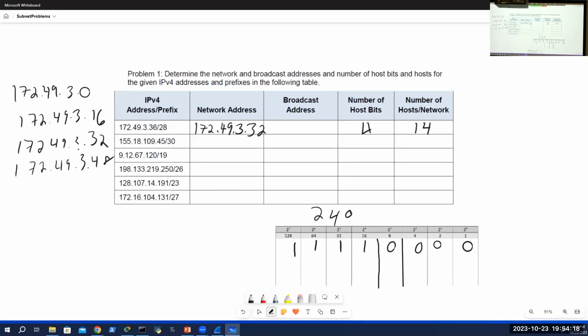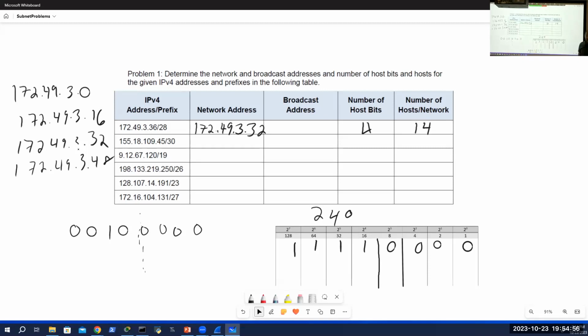So if the network ID in binary is 32, that is going to be 0, 0, 1, 0, 0, 0, 0, 0. And here's our delimiter between our network and our host, because 28 bits means 4 bits in this fourth octet are network ID, and the last 4 are host. So here's a little line. This is 32, our network in binary.